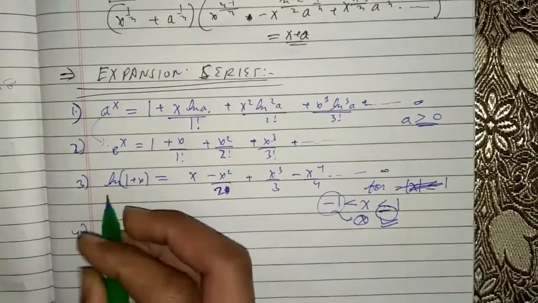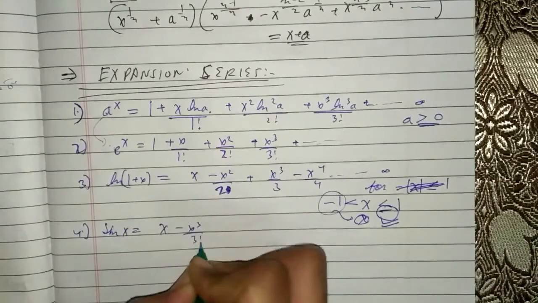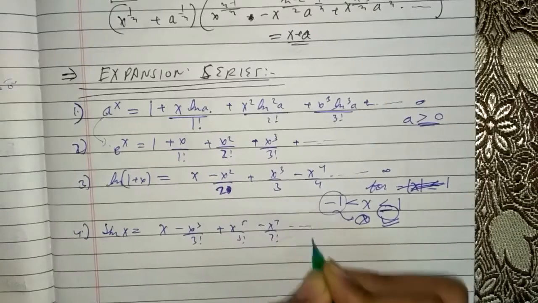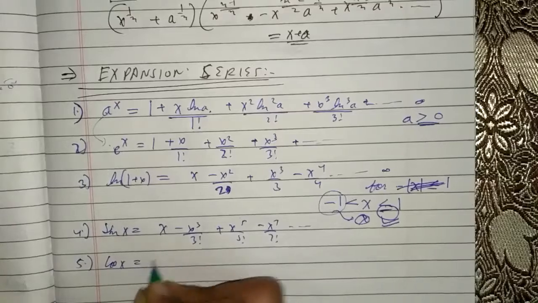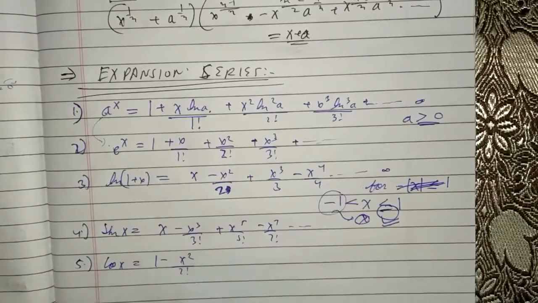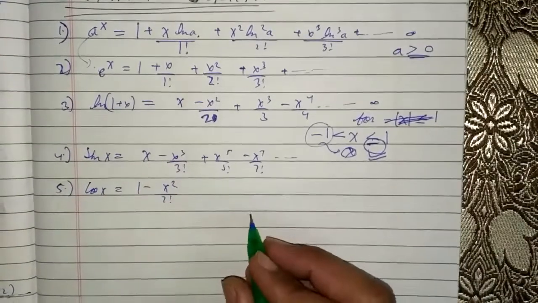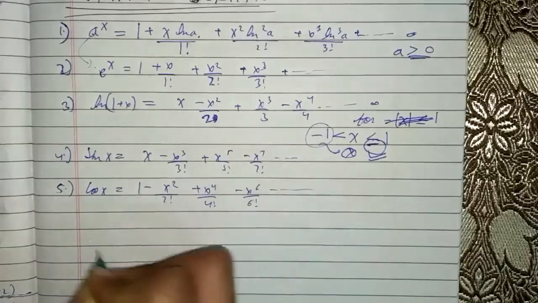And fourth, sin x is equal to x minus x cube by 3 factorial plus x to the power 5 by 5 factorial minus x to the power 7 by 7 factorial and so on. And fifth is cos x is equal to 1 minus x square by 2 factorial plus x to the power 4 by 4 factorial minus x to the power 6 by 6 factorial and so on.